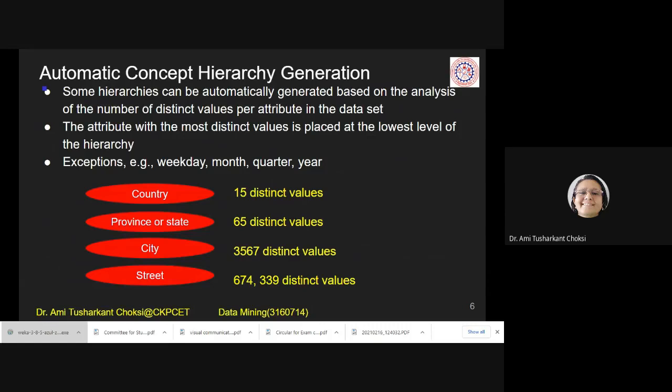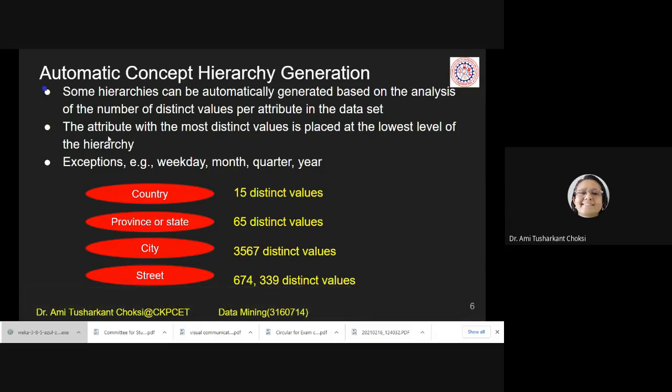And when we do that, for example, here it is given that 15 distinct values are there for country. For state, we have 65 distinct values. For city, we have 3567 distinct values. For street, we have 674,339 distinct values. So, what should we do? What is being said to us?